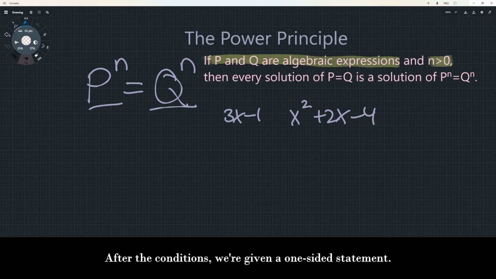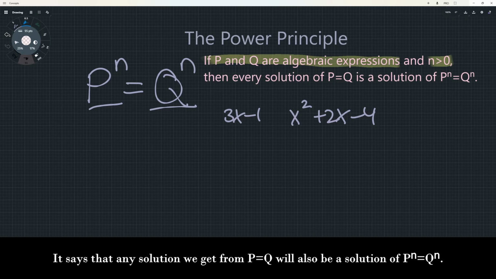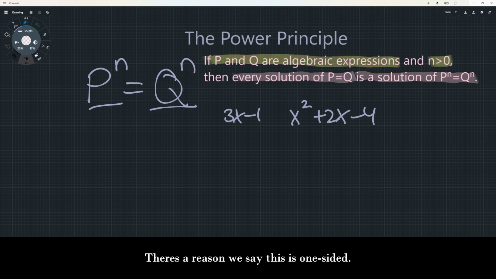After the conditions, we're given a one-sided statement. It says that any solution we get from P equals Q will also be a solution of P to the n equals Q to the n. There's a reason we say this is one-sided. Let's look at a simple example. Let's assume we have the equation x equals negative 3.